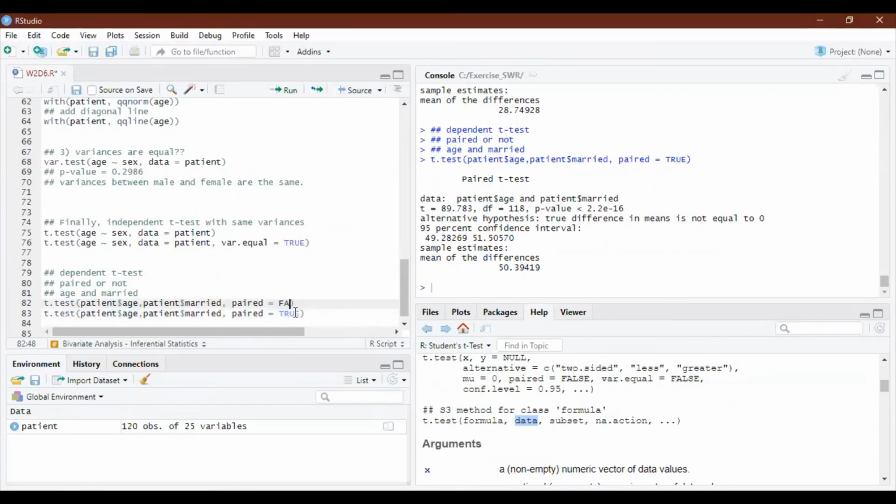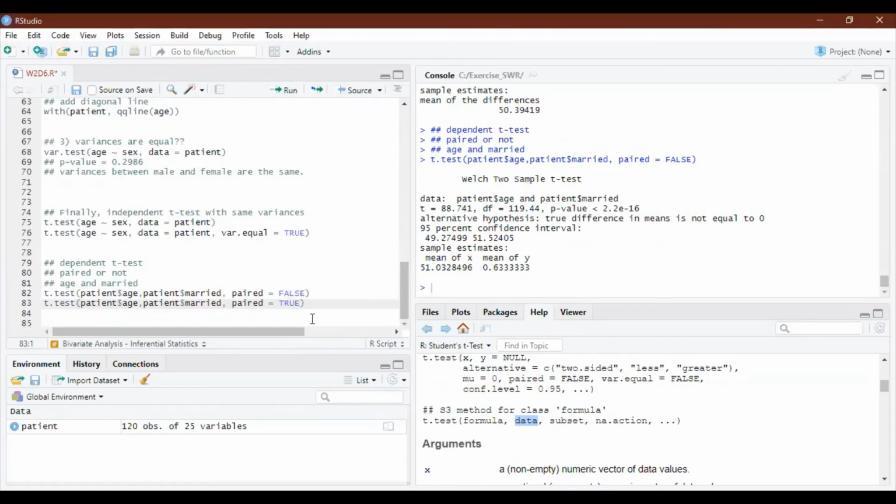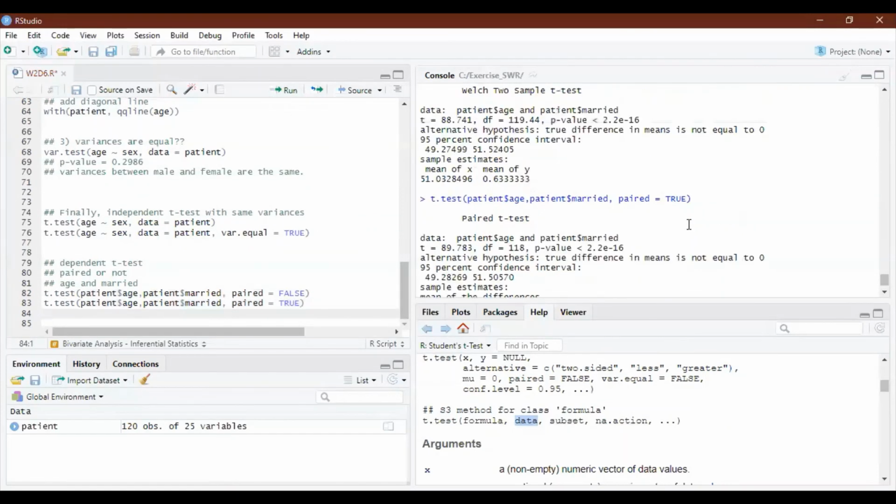Okay, true and false. The first one we run with true, the second one we run with false.